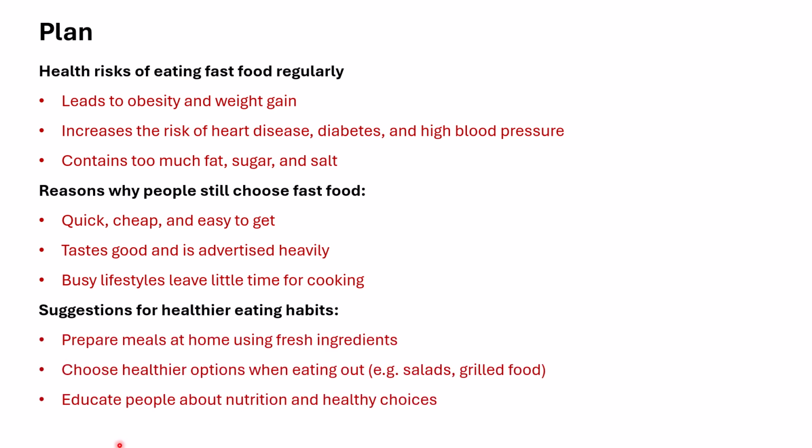Okay, suggestions: how we can suggest people prepare meals at home using fresh ingredients, choose healthier options when eating, educate people about nutrition and healthy choices. So in this way you can have your plan. So this is one of the ways, and there are many other ways you can have your planning.